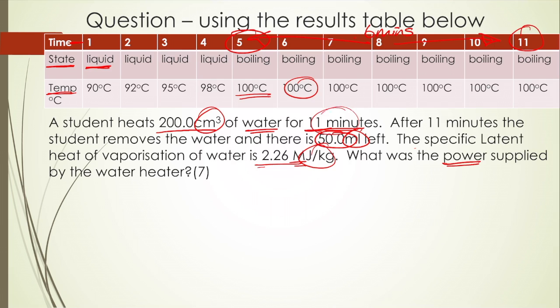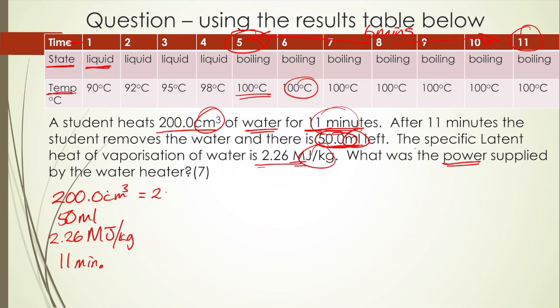So 200 centimeters cubed, we've got 50 milliliters, we've got 2.26 megajoules per kilogram, and we've got 11 minutes. Okay, so we need to change those to the units that we want.